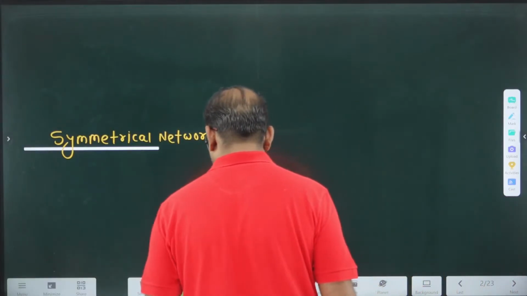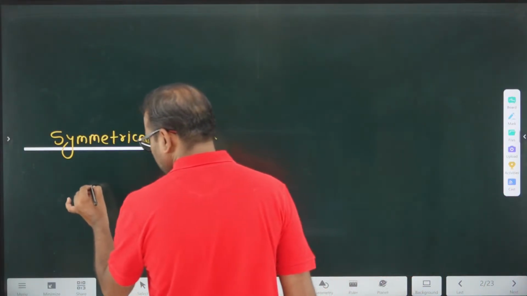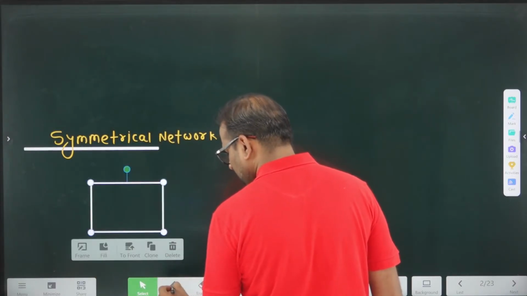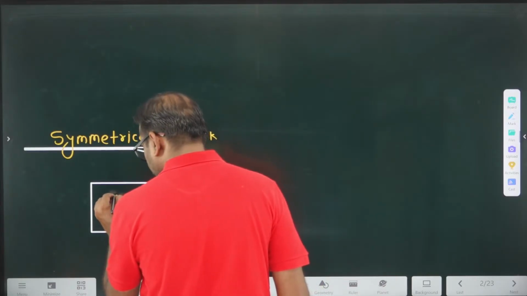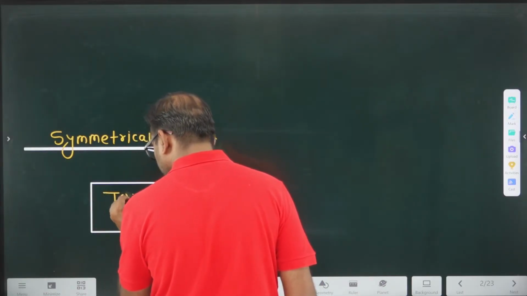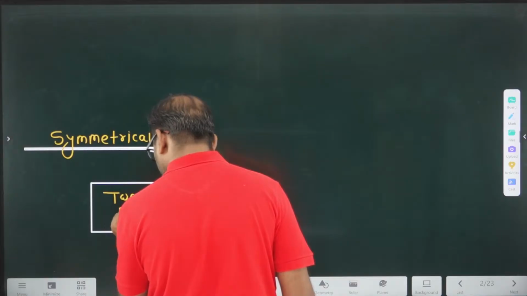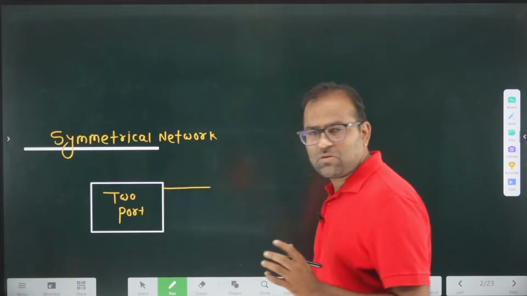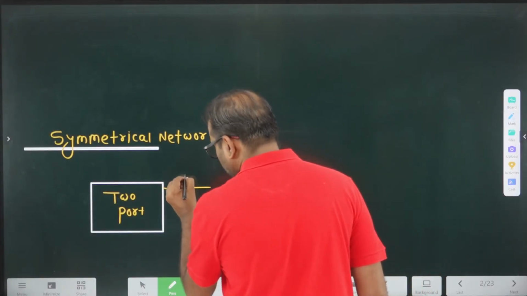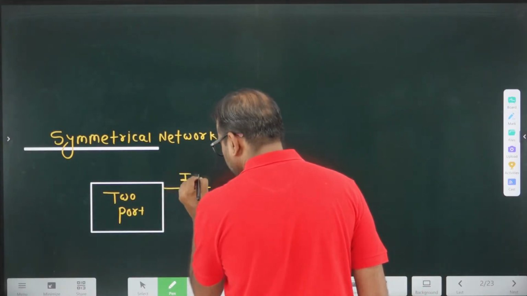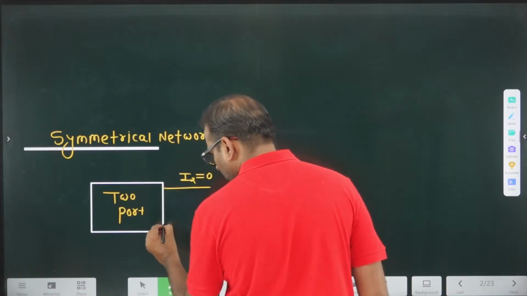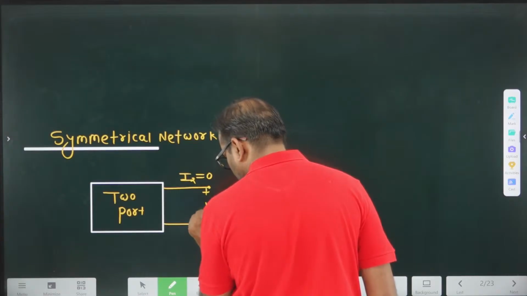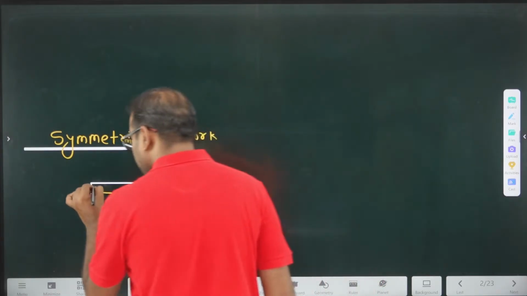First I will explain this, then we will write. Suppose this is a two-port. This is the open circuited parameter, so I am making the value of I2 equal to 0. This value is V2.